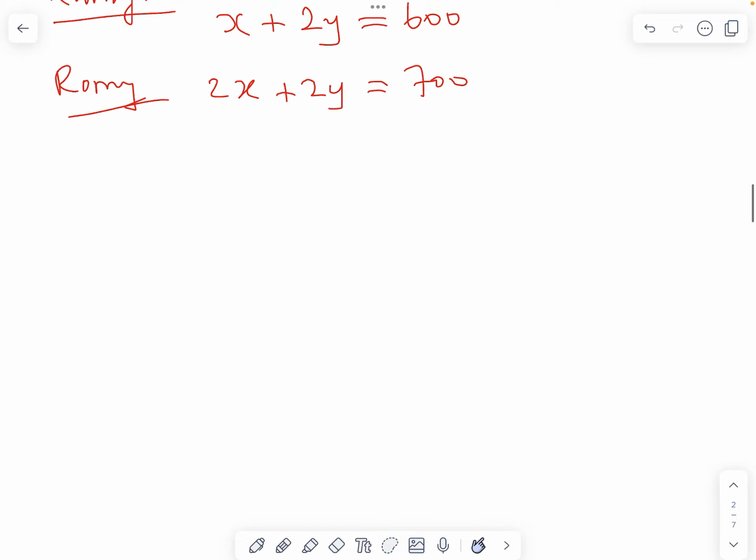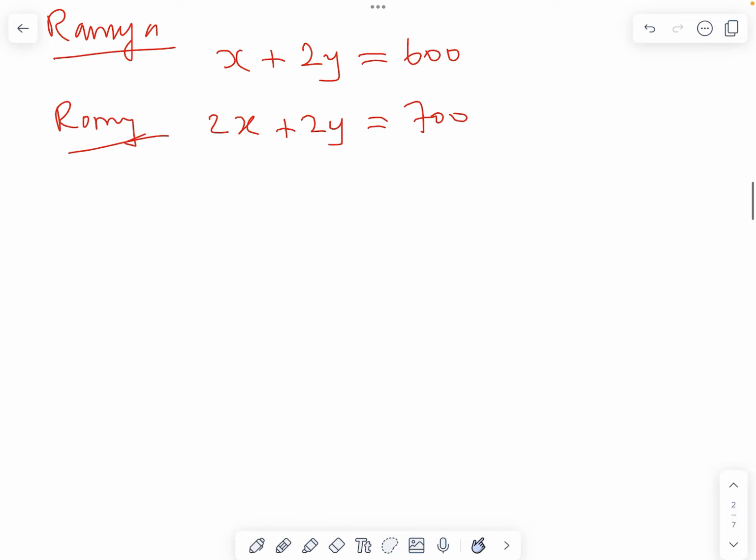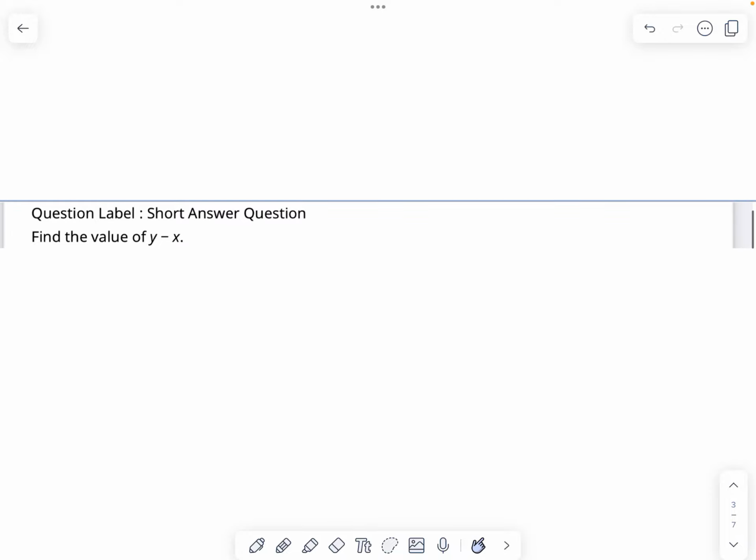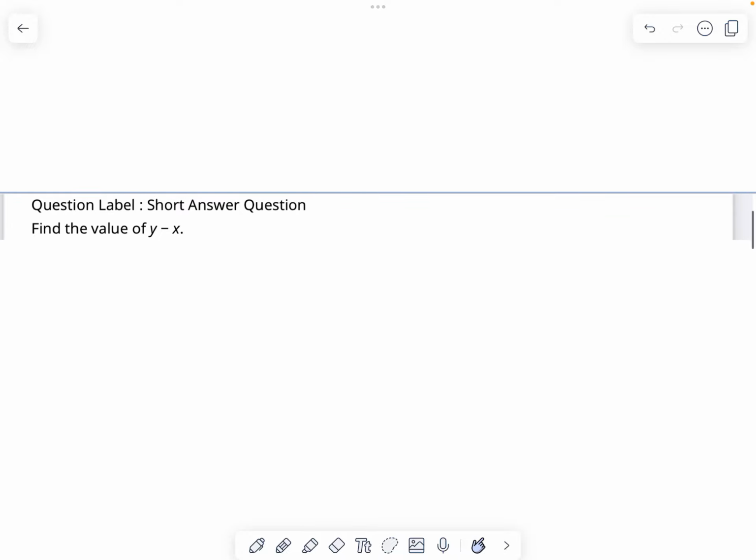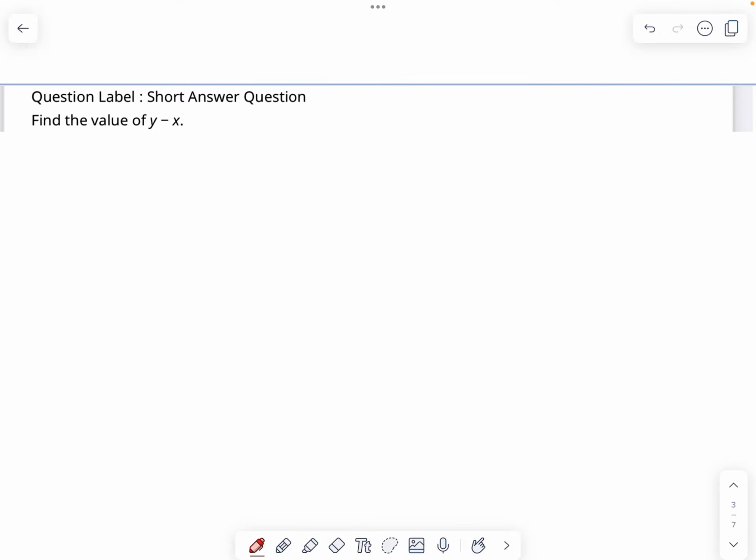They are asking to find the value of y minus x. So x plus 2y is equal to 600. I am writing the equation again: x plus 2y is equal to 600. We will take this as equation 1.